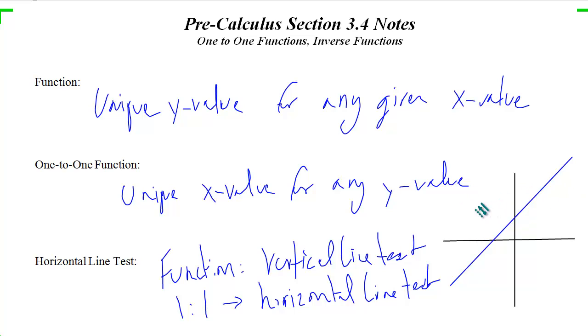So that's verified it's a function. If I do the same thing this way, this is the horizontal line test, I see none of these intercept it more than once as well. So this is a one-to-one function. And what you're going to come to find out is that a one-to-one function also tells me that the inverse of this function is also a function, which doesn't always occur.